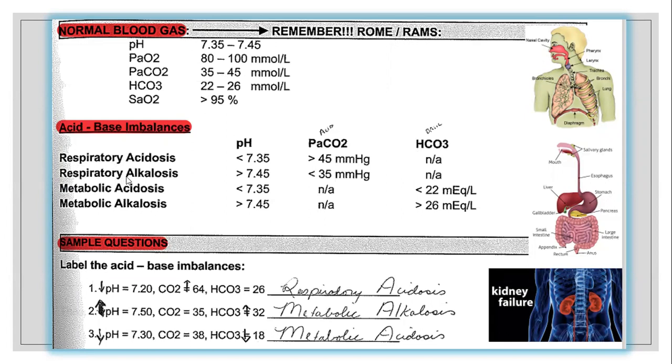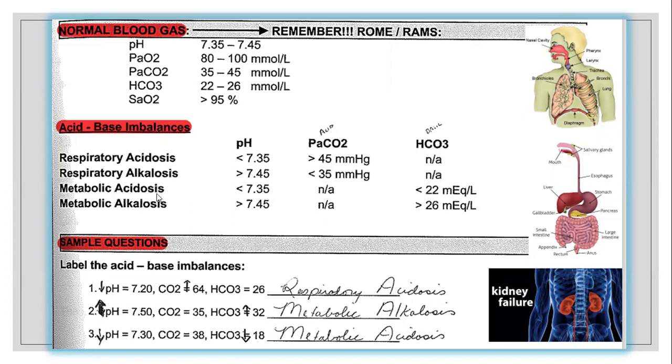In case of respiratory alkalosis, pH is more than 7.45 because alkalosis. Bicarbonate is supposed to be normal because partial carbon dioxide is the marker for respiratory problem.